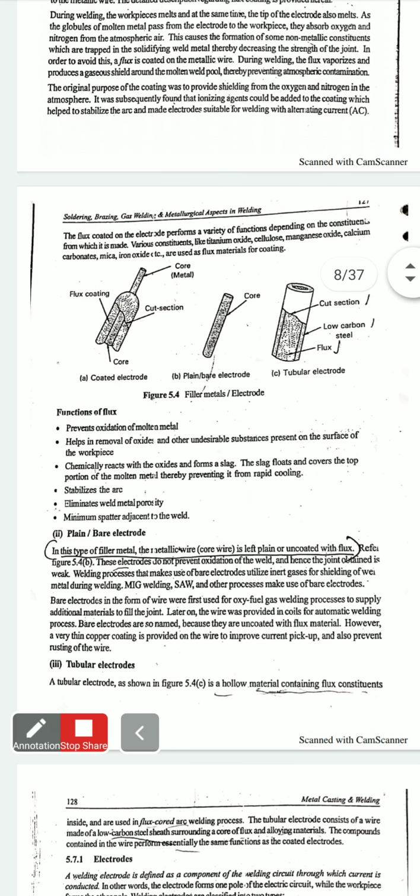The functions of the core: it prevents the oxidization of the molten metal. So the main function of the flux is to prevent oxidization. Oxidization, what does it mean? You have seen that during welding smoke is coming out.